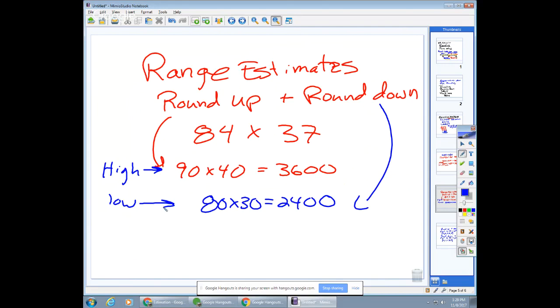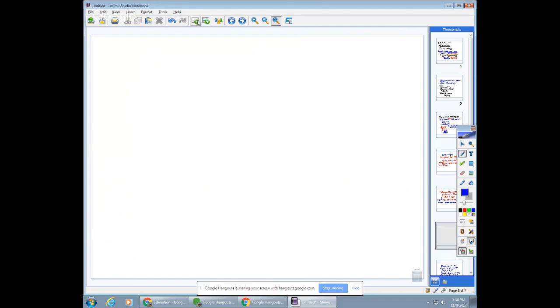All right, let's see, what other tricks do we have here? Front-end estimation, high and low. All right, so a couple other strategies. We got a few more to go, and then we can do some review. Compatible numbers.